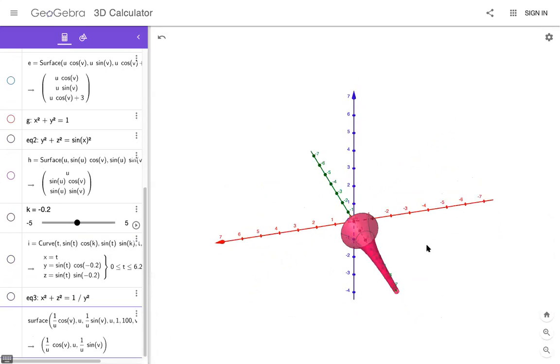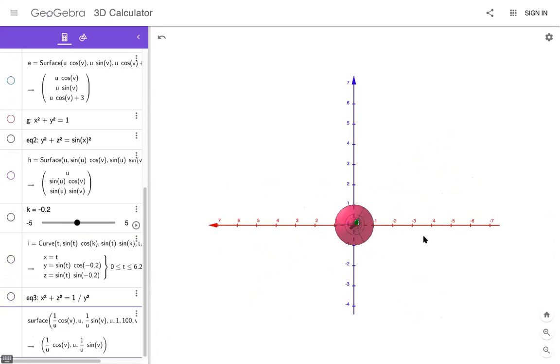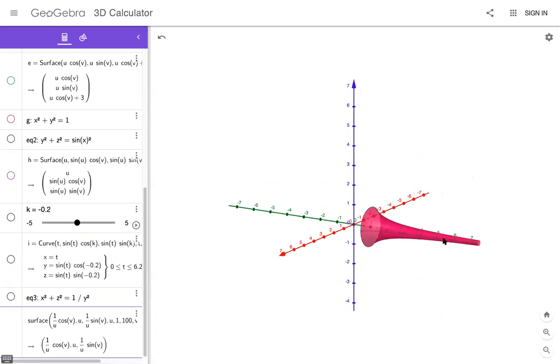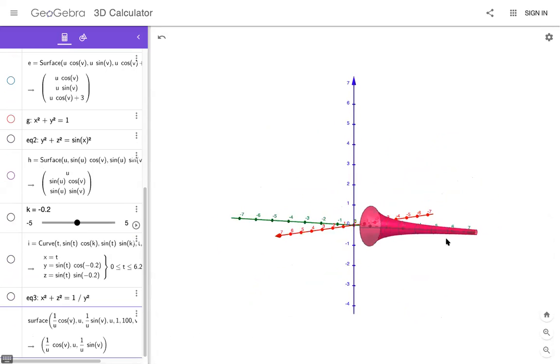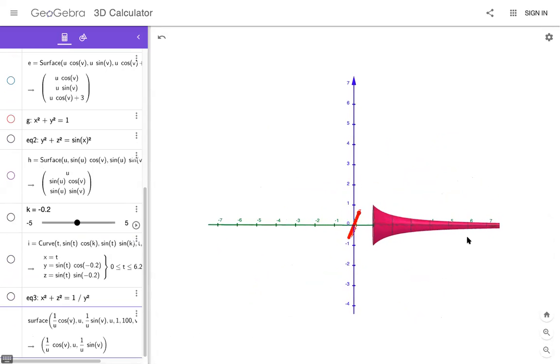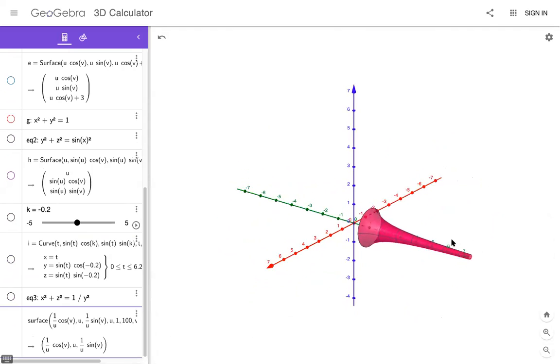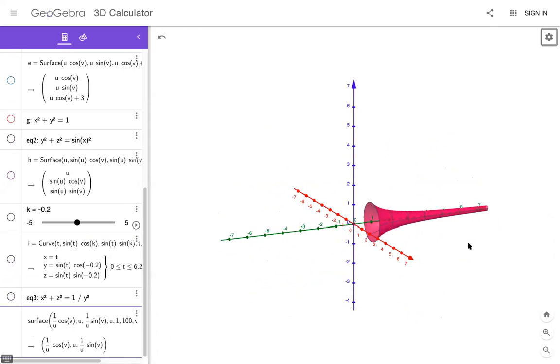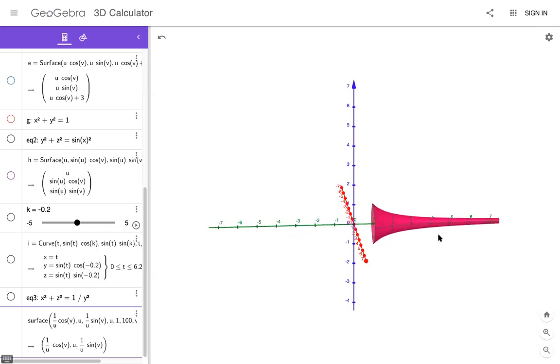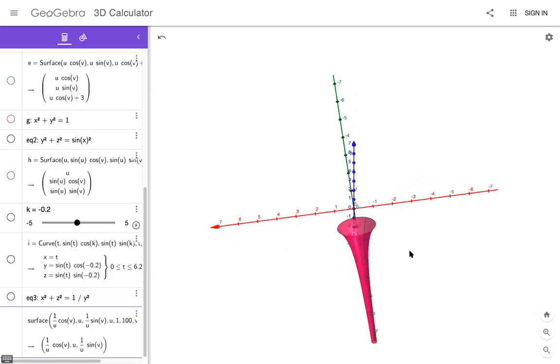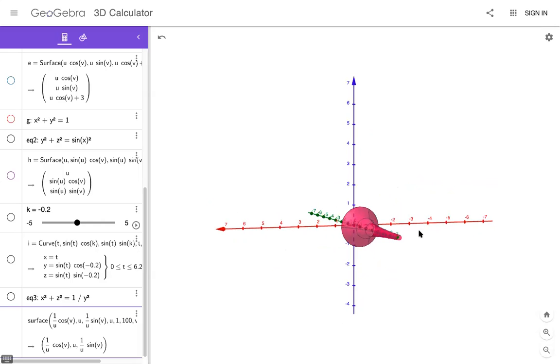This actually is a very famous object. It turns out this is something called Gabriel's horn. And Gabriel's horn is very peculiar because it's an object where if you imagine trying to fill up this thing, it has infinite volume, but finite surface area, which means, sorry, no, other way around.